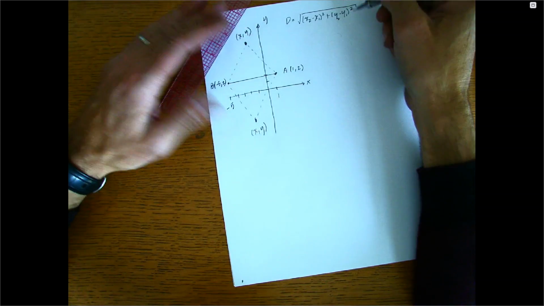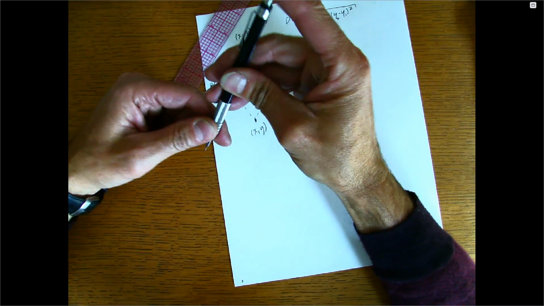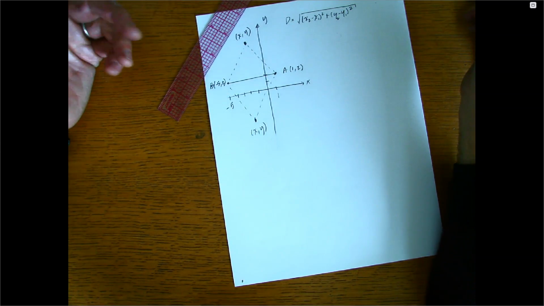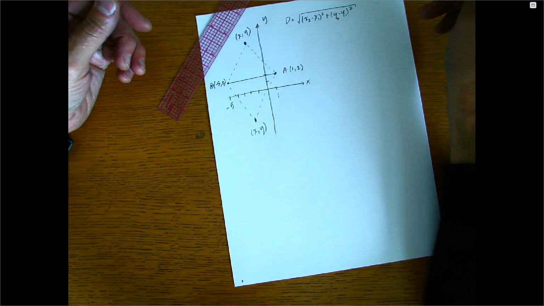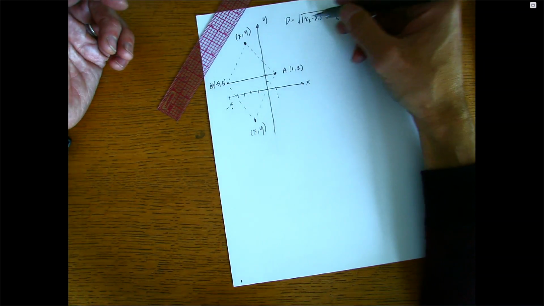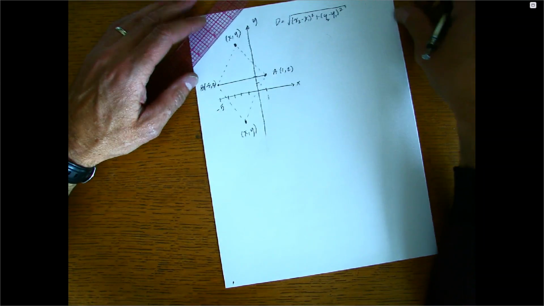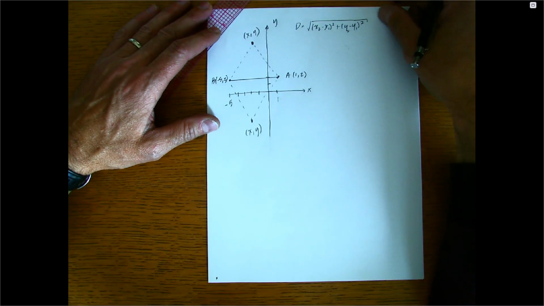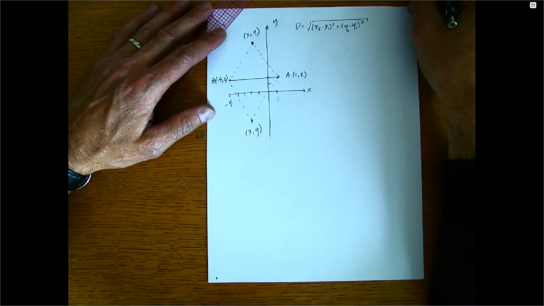This is a common formula usually taught in middle school, and sometimes in high school geometry. But it's really just the Pythagorean theorem applied to the coordinate geometry side. This would be the side length a, and that would be the side length b. I'll teach you a little more about this, or point you to some resources, in the analytic geometry section of the course. But for now, let's just go ahead and use it.